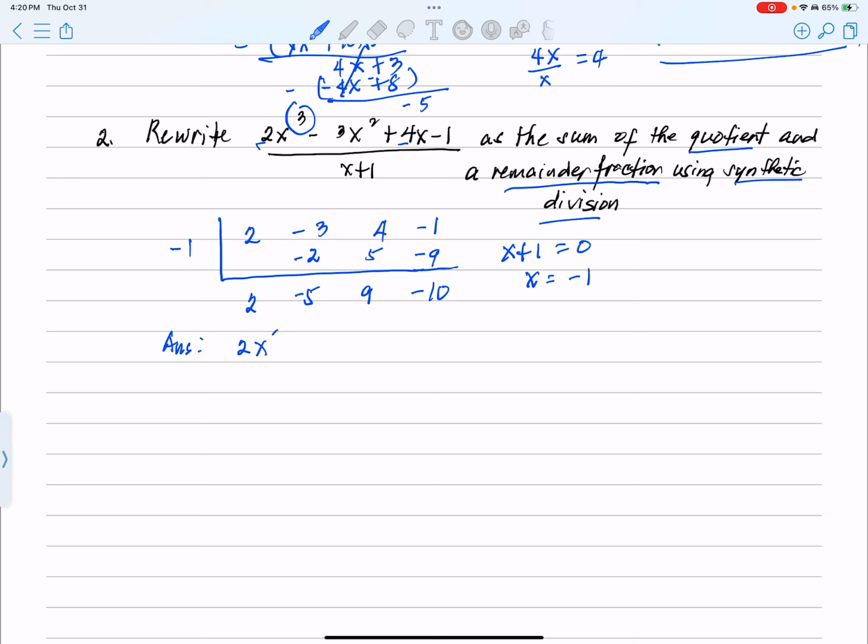So since the degree here is 3, minus 1, that's 2, 1 degree lower. Then minus 5x to the first power, plus 9. Then minus 10 over our divisor, x plus 1.